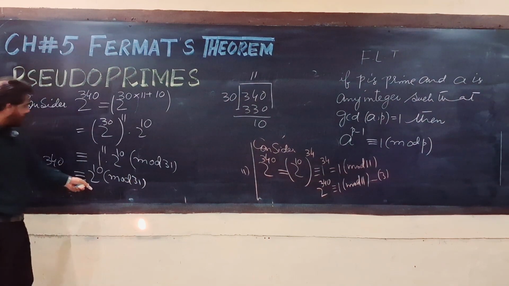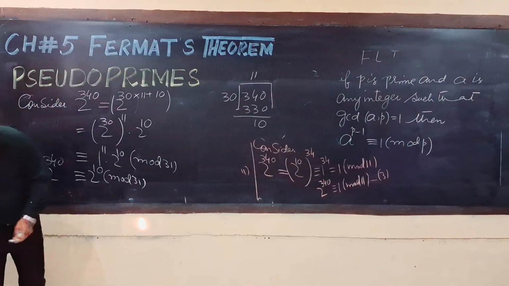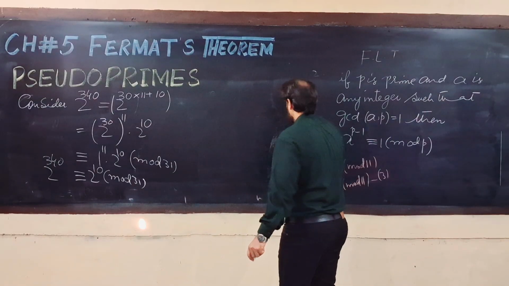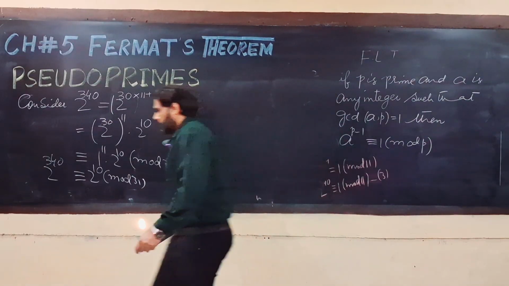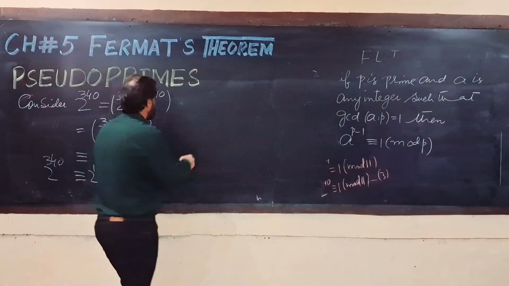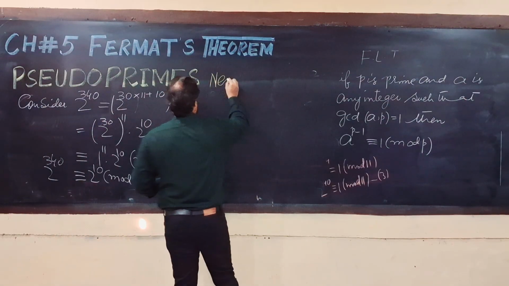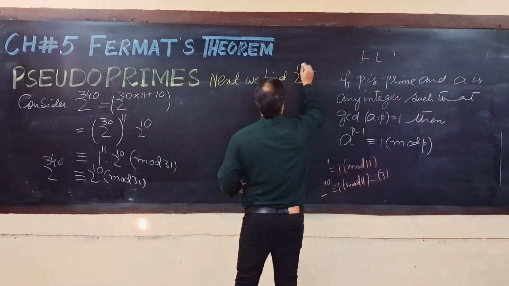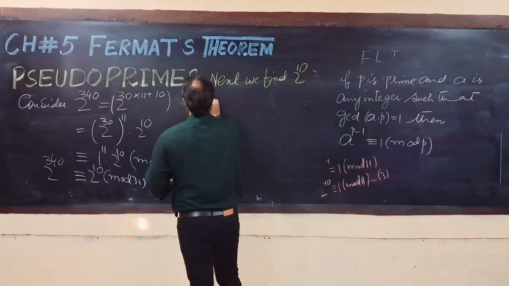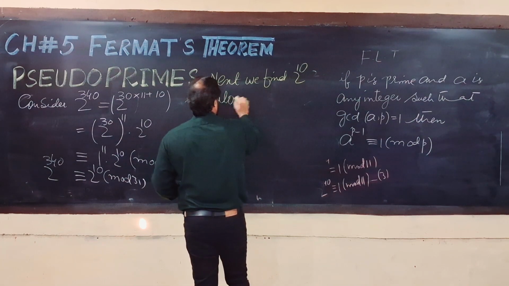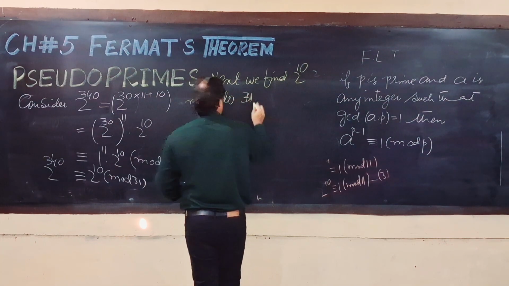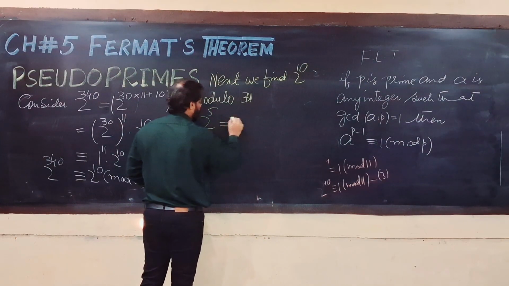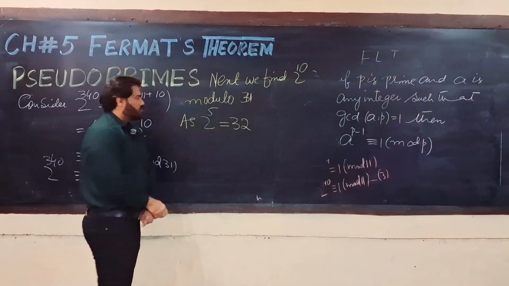Next we have to calculate 2 raised to power 10 modulo 31. We find it as 2 raised to power 5 whole square. 2 raised to power 5 is equal to 32.